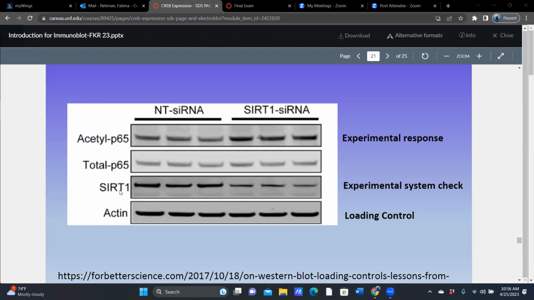Now, we know that SIRT1 affects the P65 system somehow. So the first thing we are looking at is the total amount of P65 protein in all our samples. Does it affect the overall level of total P65 in the system when we inhibit SIRT1? Yes or no? So now we are looking at this lane that says total P65.